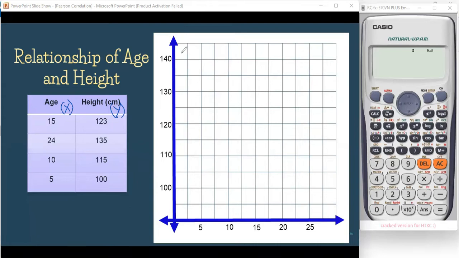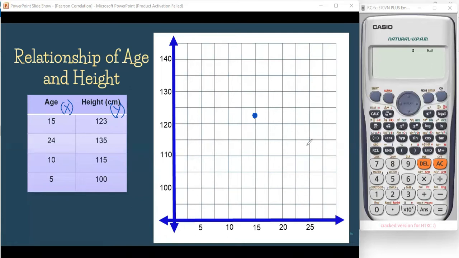The intersection of them is where we put the points. So, 15 and 123. We have here 15 and 123, so it is here. How about 24 and 135? If this is 25, this is 24.